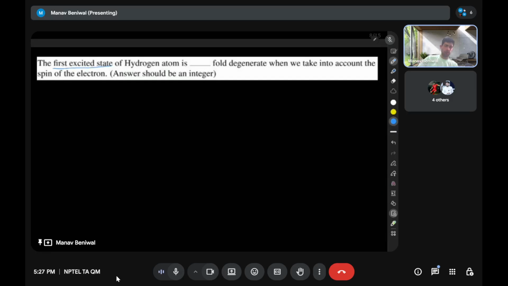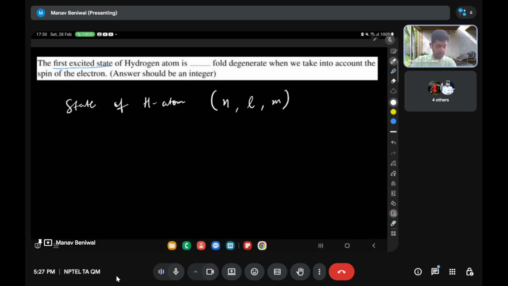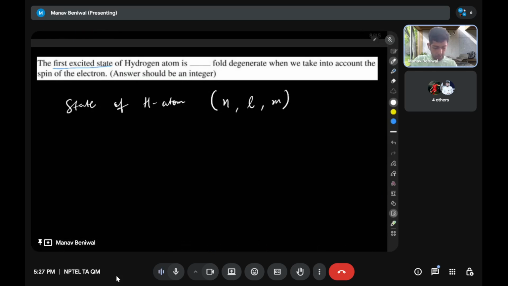I don't know if we are taught this thing, so let me just mention very quickly that any state of a hydrogen atom is defined by three quantum numbers n, l and m, and the energy is only a function of n.